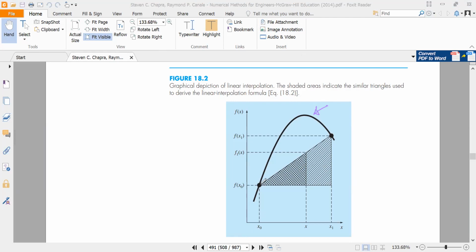Then what will happen if we draw a straight line going all the way in this way? This is the equation we call f1(x), the first order interpolating polynomial. If we have 2 points x0 and x1, and the corresponding values of your function f0 and f1 are available with us, and you want to predict a value at x that is between x0 and x1, then with this linear one we are obtaining this value f1(x).